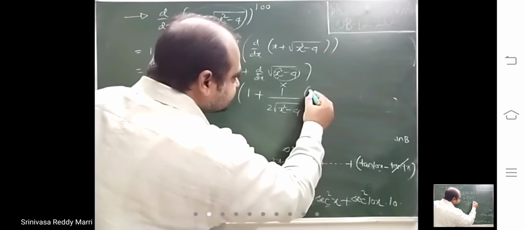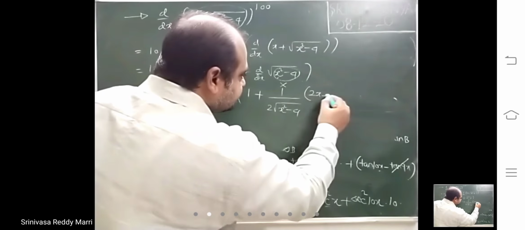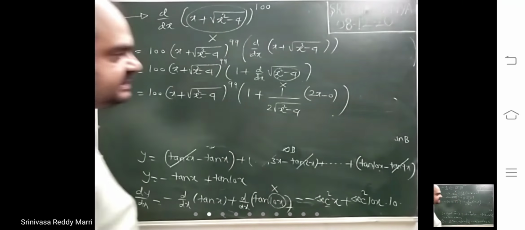Write directly d by dx of x square is 2x, d by dx of constant is 0.